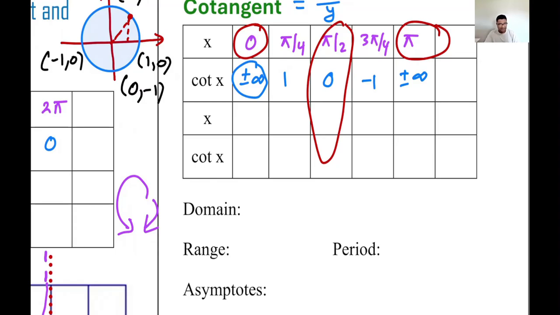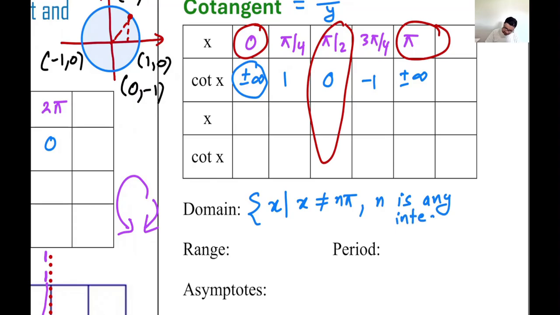So odd multiples are safe here. The problem will be now with even multiples of pi over 2, at pi, at 2 pi, and so on. So the domain is all x except those which are multiples of pi, or 2 times pi over 2. In general, n pi, n is any integer.